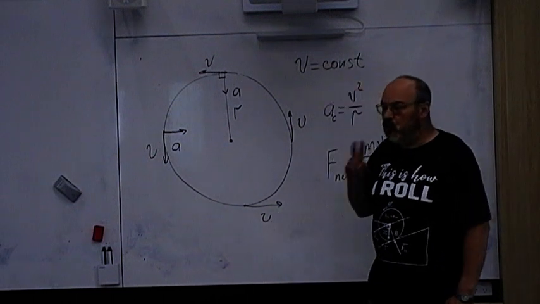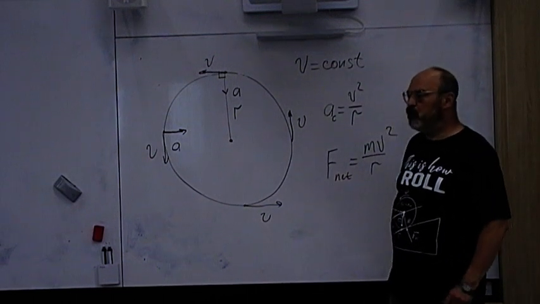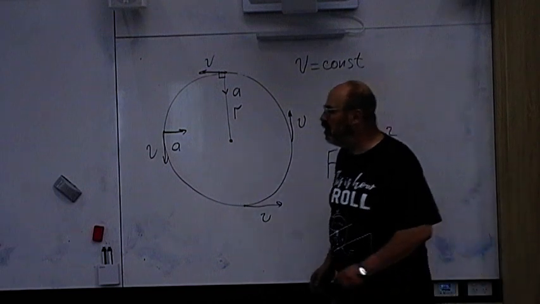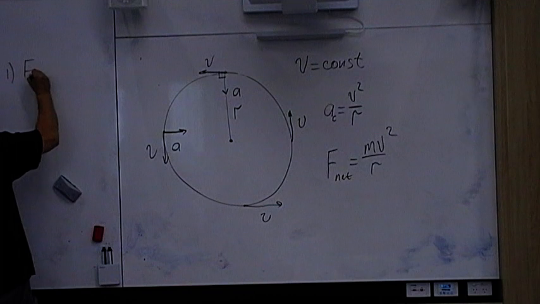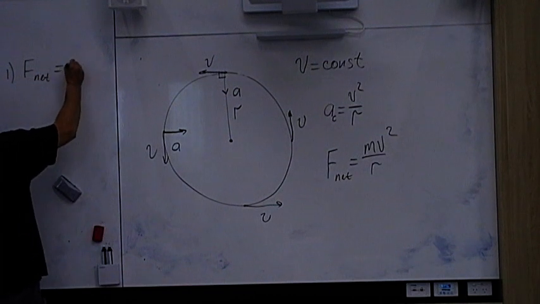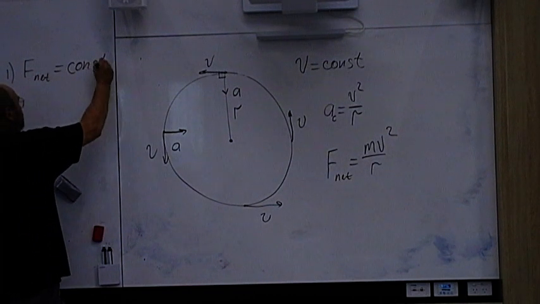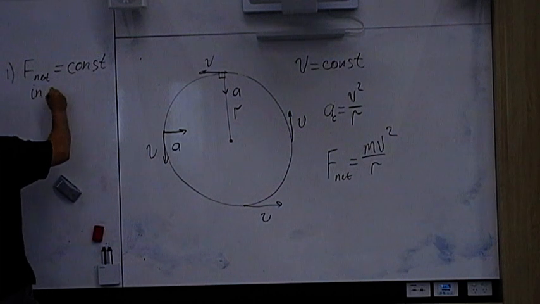Make a note. Two conditions for circular motion with a constant speed. First, net force constant, F net constant in magnitude.